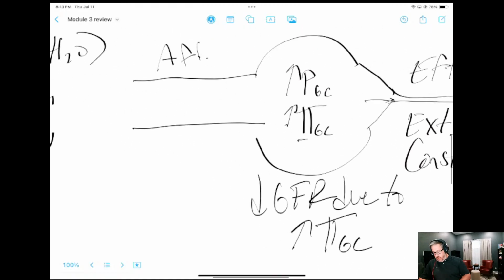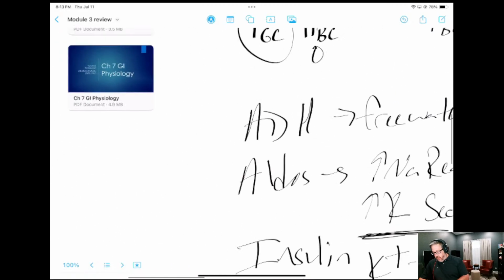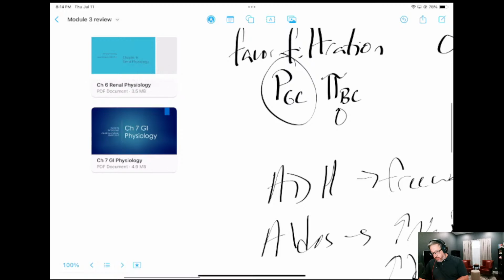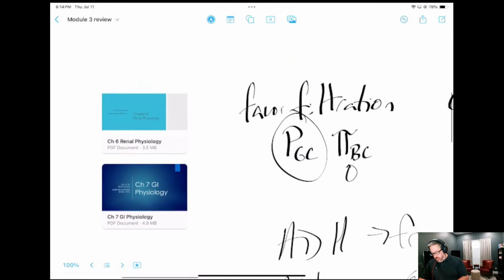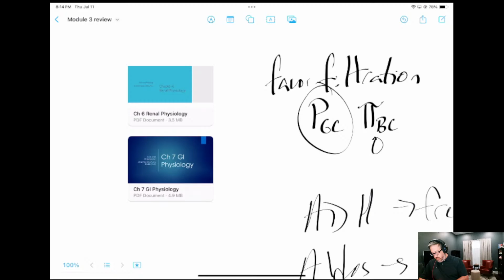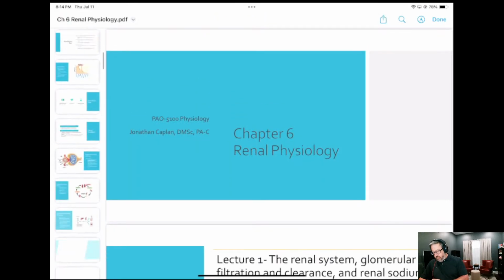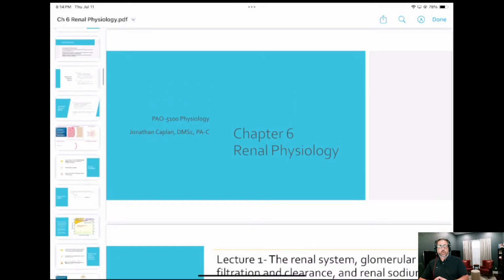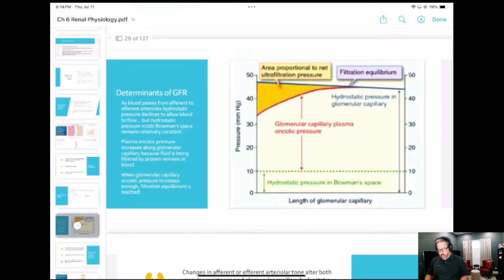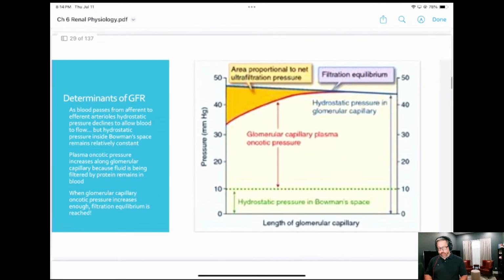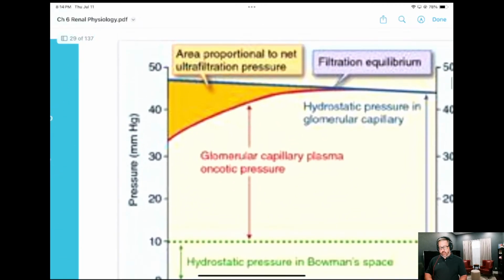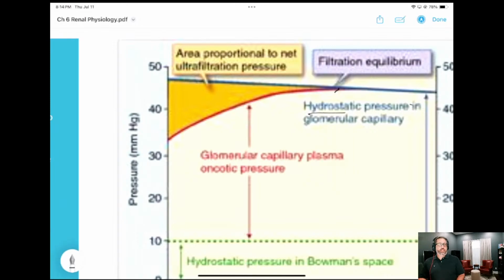And if we go to this picture. Blue line, hydrostatic pressure.